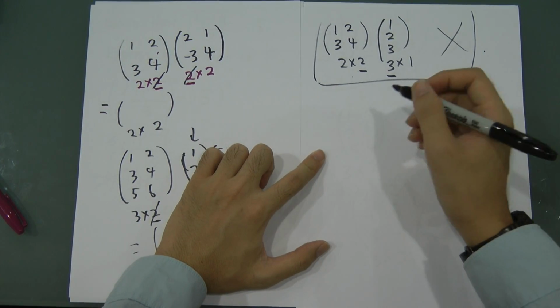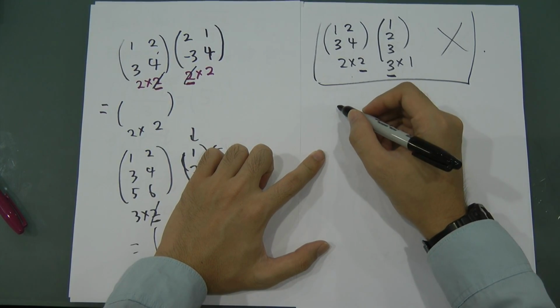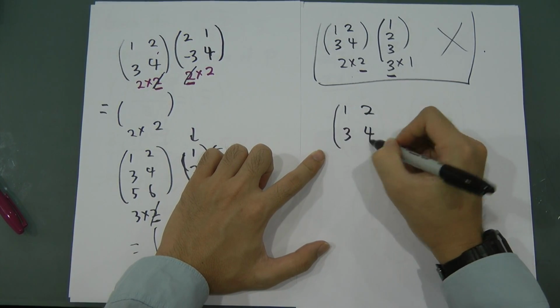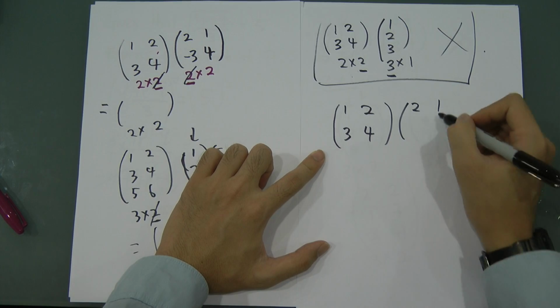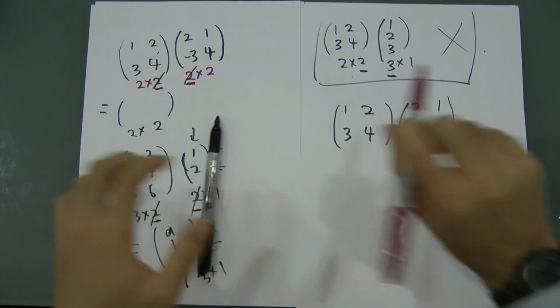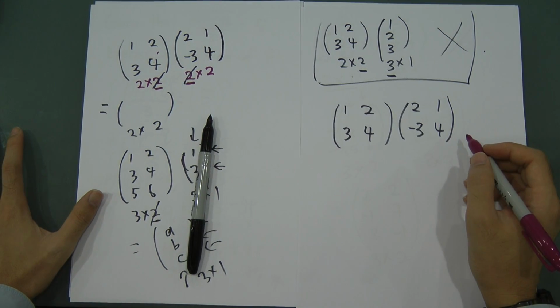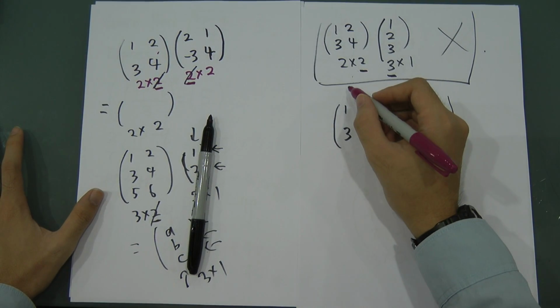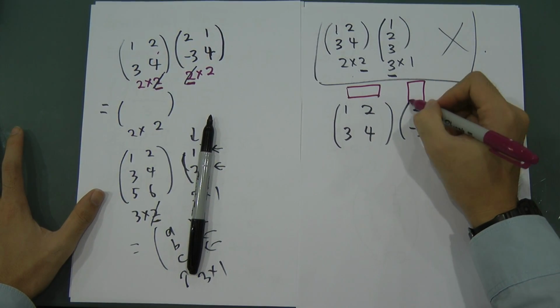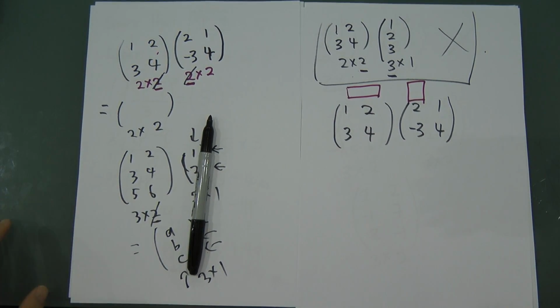Let me use back the same example. 1, 2, 3, 4 and 2, 1, negative 3, 4. For multiple, I want you to understand a very important concept: you must use horizontal multiple vertical. This is what I mean.